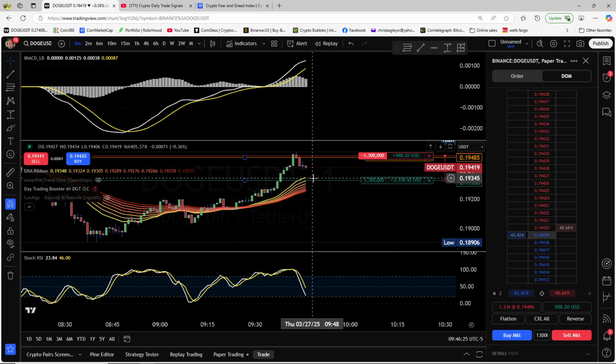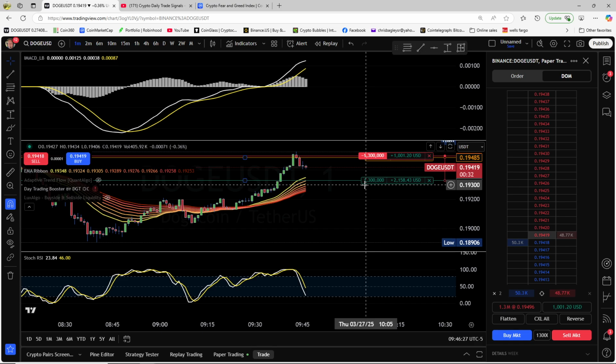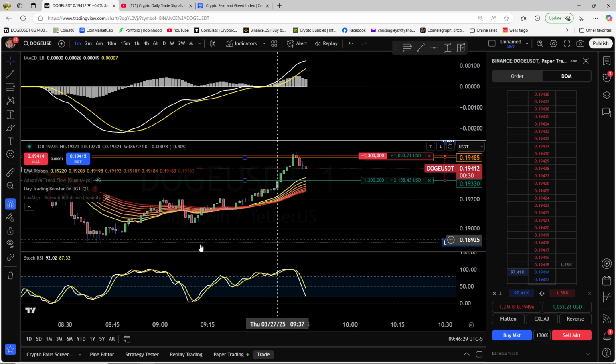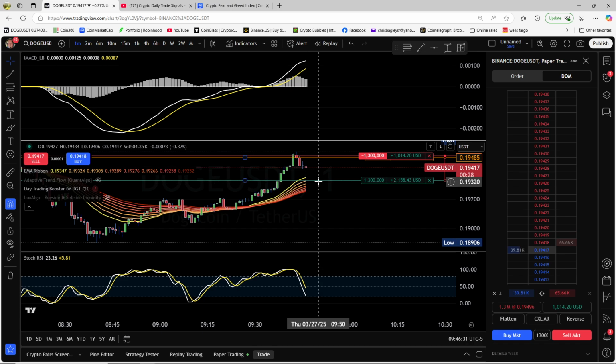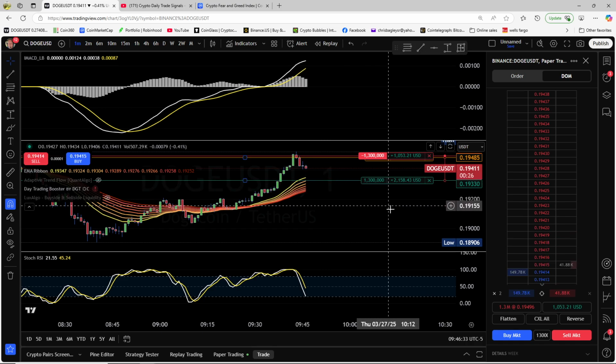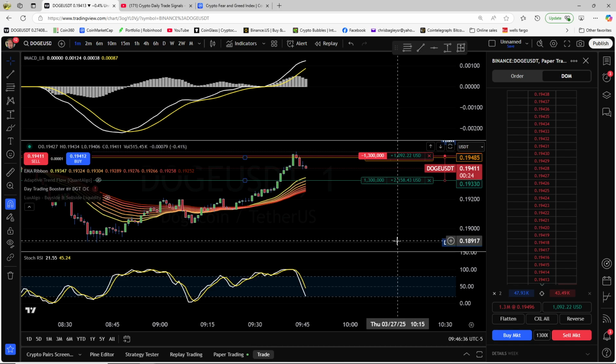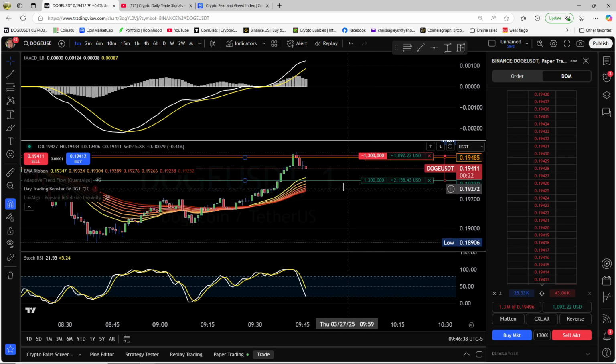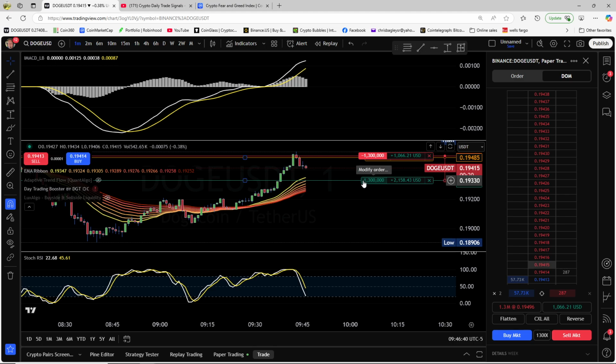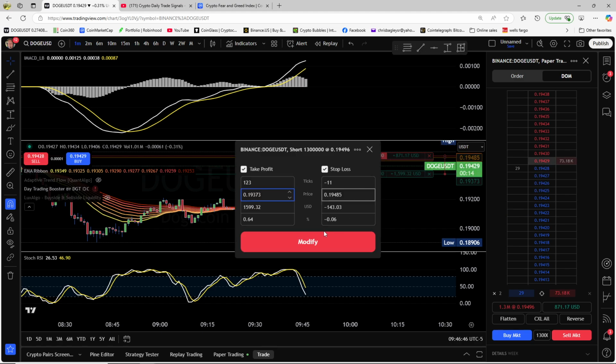And if this starts coming down strong, I may drag this take profit down a little bit farther too, because sometimes it'll actually pass through. Most of the time it stops right about the top of the yellow ribbons. Let me put it there.